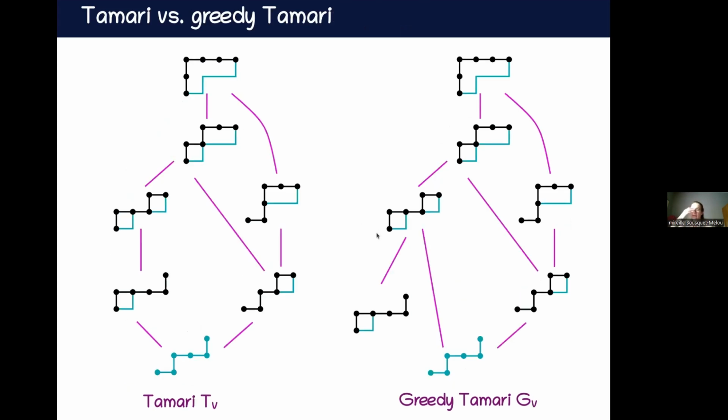And here's another example with a different base path. You see something similar happens when I look at this valley here.